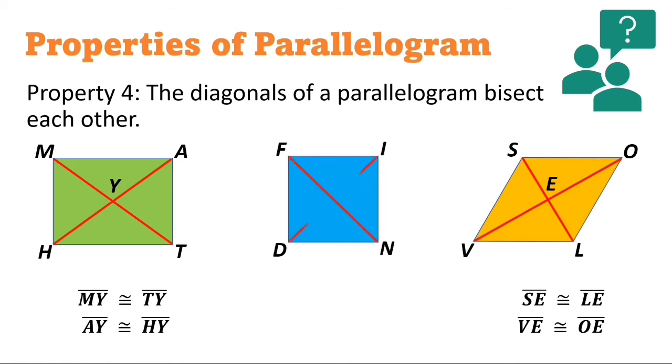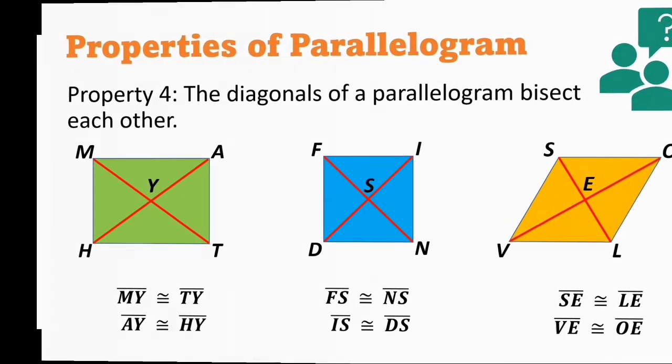When the diagonal FN bisects the diagonal DI at point S, what conclusions can we give? Alright, that's correct. Line segment FS is congruent to line segment NS, and line segment IS is congruent to line segment DS.